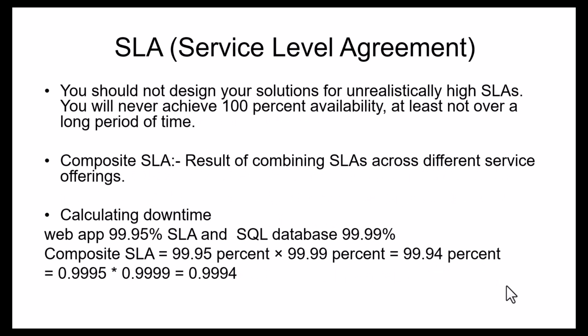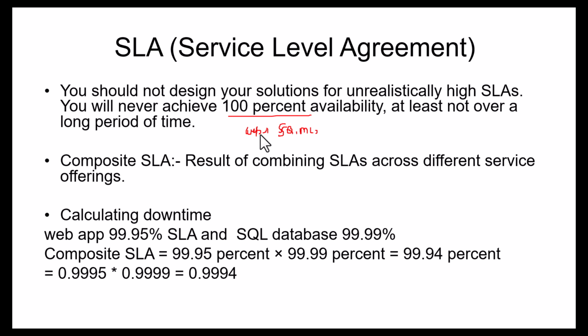The next thing is that you can never go with 100% SLA, because if you develop any application that requires a combination of resources, say you hosted a website or web application, it will require the database and a few other services. Let's say you are using ML there.